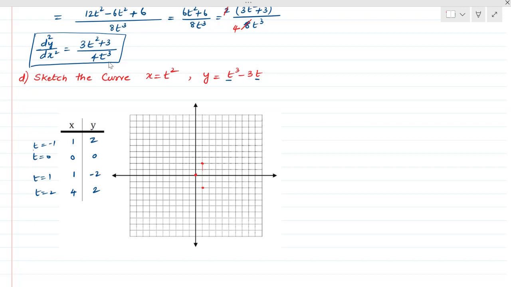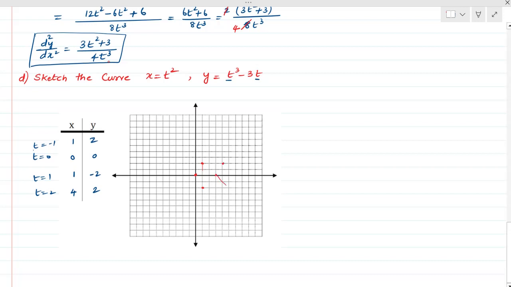It will be here, 4 comma 2. Starting will be here. So this is the point 3 comma 0. Where is 3 comma 0? 1, 2, 3. This is 3. The point 4 is 1, 2, 3, 4, and 4 and 2 will be here, and this point is 3.